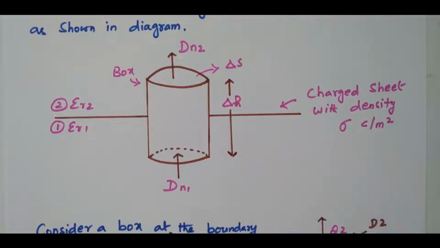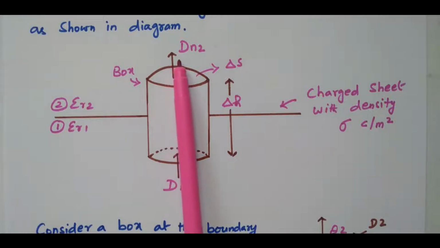Here what we are going to see is the normal component of displacement density. This is the normal component of displacement density, Dn1, entering into the box in dielectric material 1.